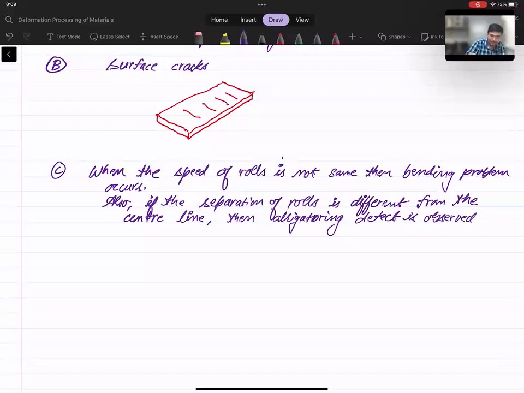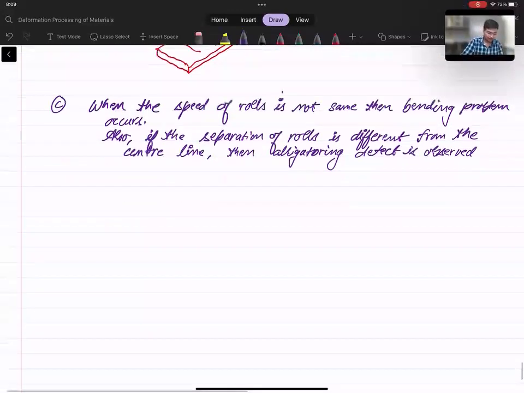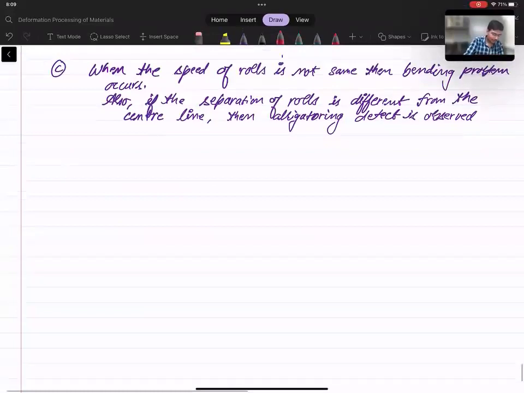Okay. So what happens in alligatoring defect is the material splits from the center and it appears like an open mouth of an alligator or creature like a crocodile. Okay. So this appears like, suppose this is my workpiece.